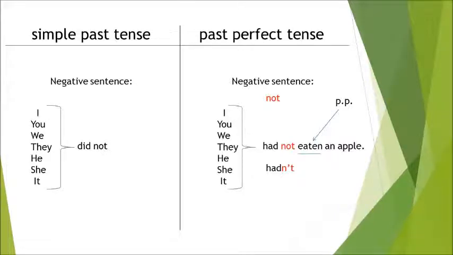In contraction, didn't. Be careful. After didn't, the verb is not in past form anymore. You have to change it to base form. The correct verb is eat. And it's the same for all the subjects. I didn't eat an apple. You didn't eat an apple, and so on.